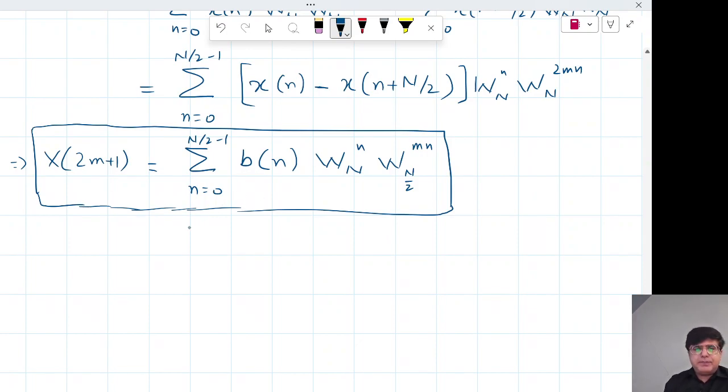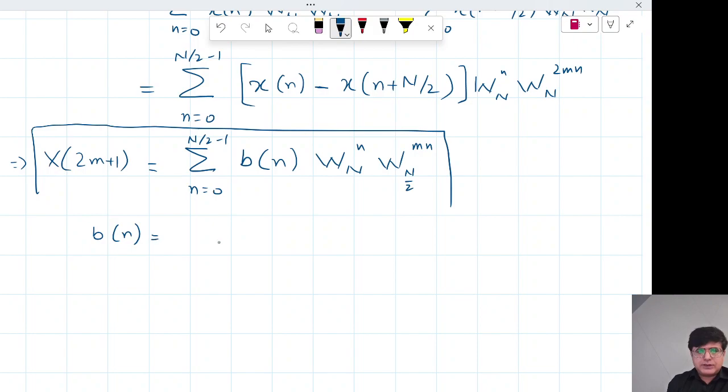What is this b of n? This b of n is just x of n minus x of n plus big N over 2. And for this one, n goes from 0, 1 up until N/2 minus 1, and also this m over here goes from 0, 1 up until N/2 minus 1.